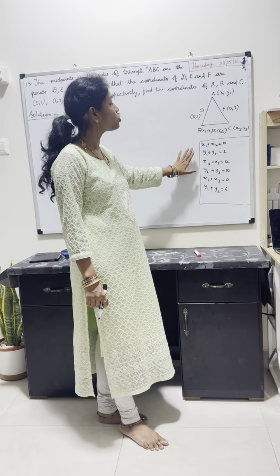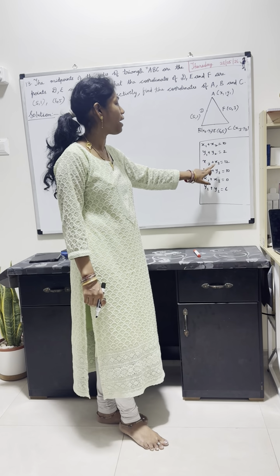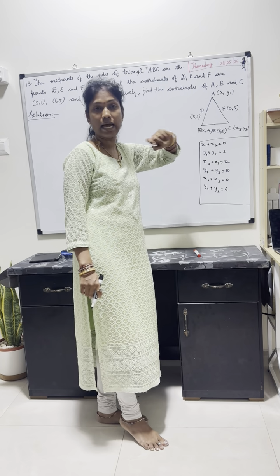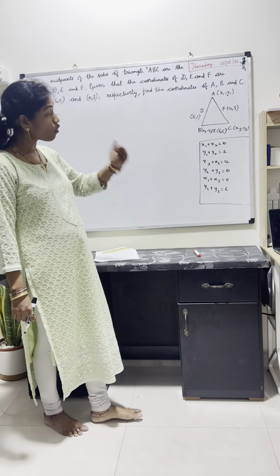Now our task is to find the values for x1, x2, x3, y1, y2 and y3. That's how we can find the coordinates of a, b and c. So how to go for it?